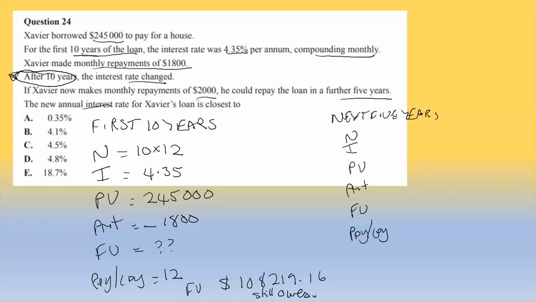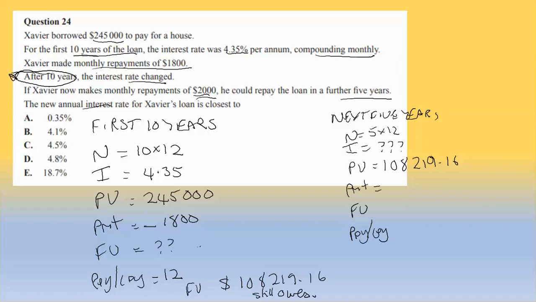So what happens in the next 5 years? Well, 5 years, I'm going to have 5 times 12. The new interest rate, that's what I want to find out. His present value is what he still owes, 108. Even though it came up as negative over here, it's his present value. So it's 108,219.16, positive value here.